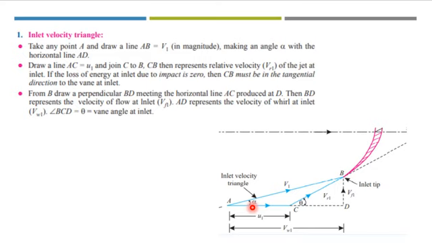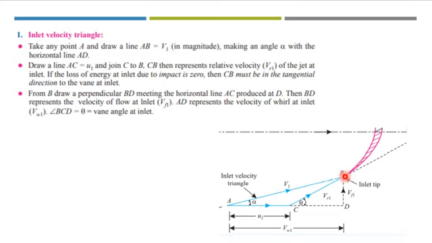And you should draw this line at an angle alpha with the horizontal. Now in the second step, you will draw a line AC, this horizontal line, which should be equal to U1. U1 is the peripheral velocity of the vane at the inlet, and then you will join this point C with this point B. This CB then represents the relative velocity of the jet at inlet, which will be denoted by VR1.